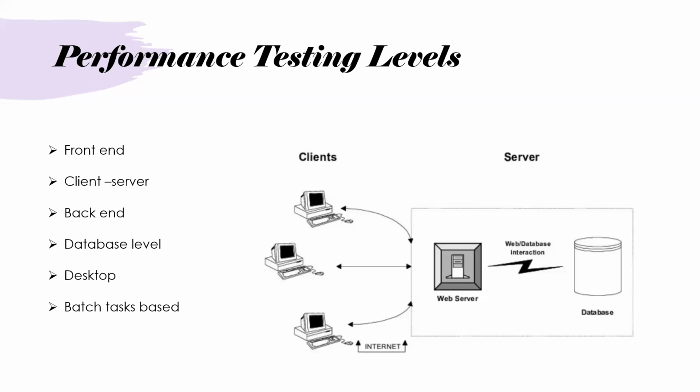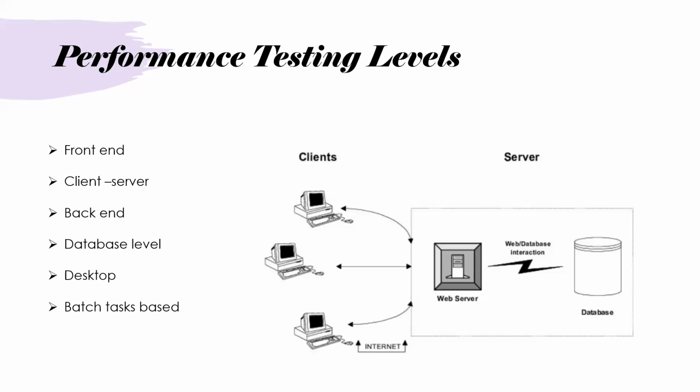Backend performance, in the sense of web application server performance, I show here in the diagram. We can also do database level performance. Apart from these types, if you have a desktop-based application, you can perform desktop-based performance testing.